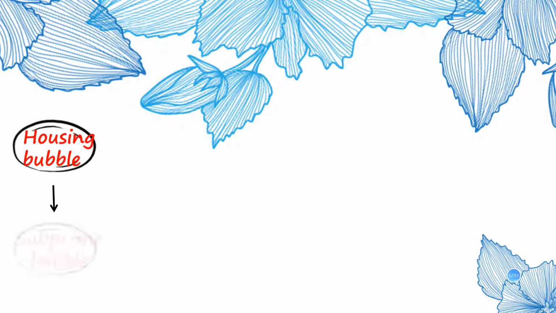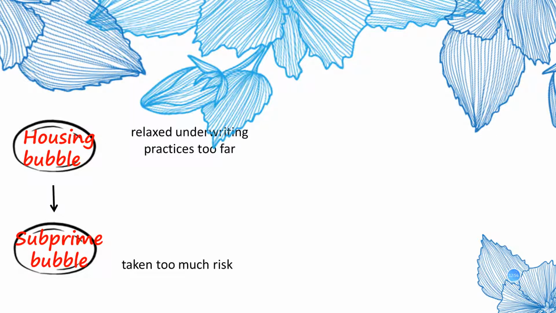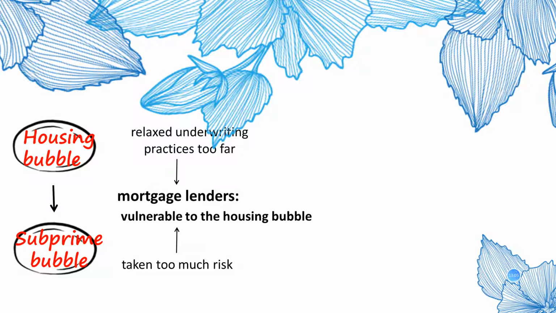Following the burst of the housing bubble, the high default rate ignited the bursting of the subprime bubble. Because the mortgage lenders had relaxed their underwriting practices too far and taken too much risk, they were extremely vulnerable to the collapse of the housing bubble. At the same time, the high delinquency rates led to a rapid devaluation of financial instruments.